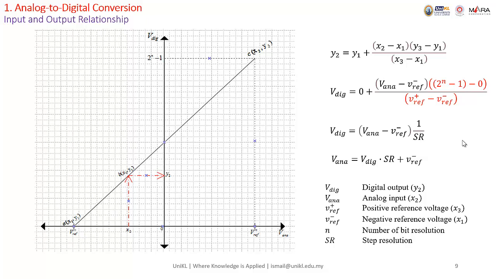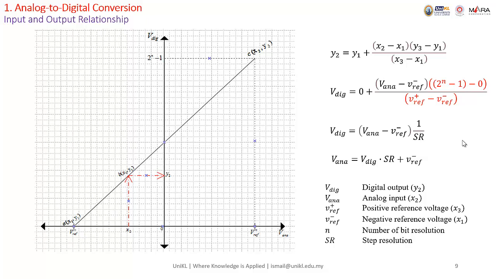Let's say our Vref positive and Vref negative are 5 and 0 volts. So 5 minus 0, 5 volts. 5 divided by 2 power of n minus 1, which is 2 power 8 minus 1, so equal to 255. So 5 divided by 255 is about 0.01957, about 19.57 millivolts. That is one step resolution.